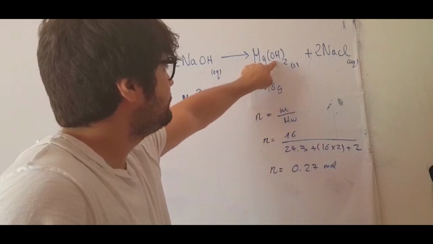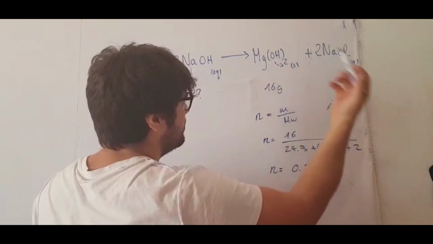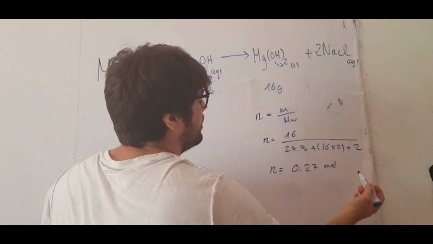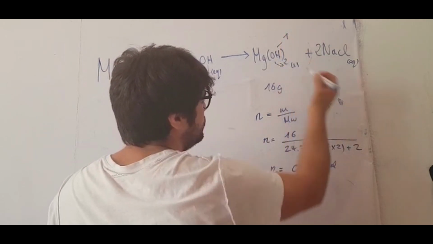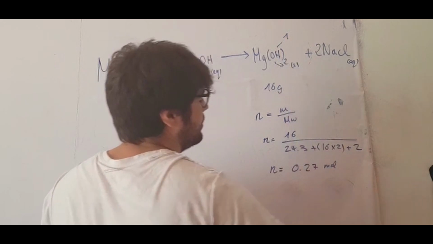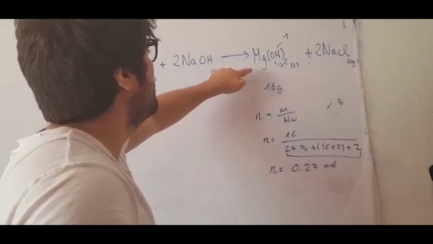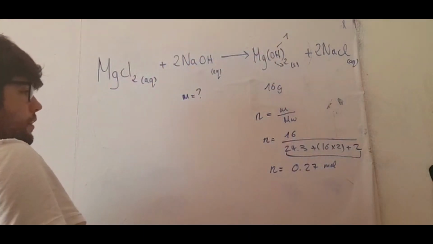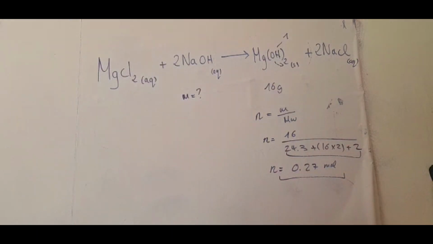Then oxygen, we've got 2 oxygens, so 16, which is the oxygen's weight, times 2. And hydrogen is 1 multiplied by 2, okay? And if we sum this together, it will give us the weight of this compound here. Okay, so this is what we get.